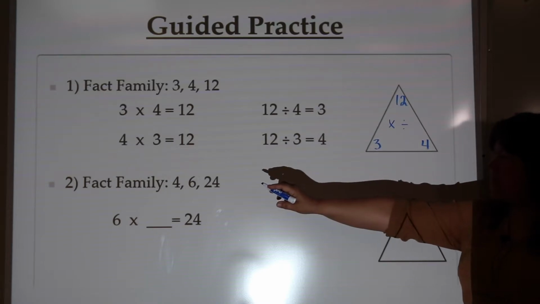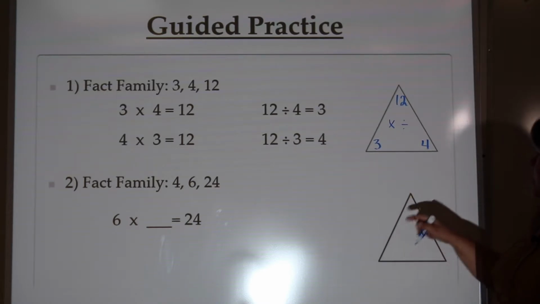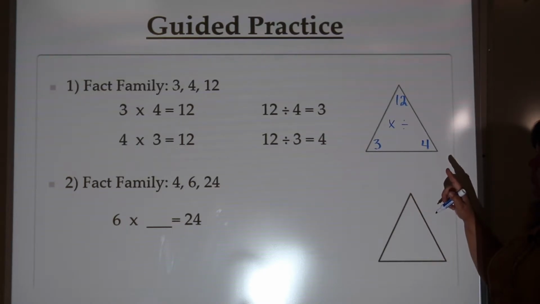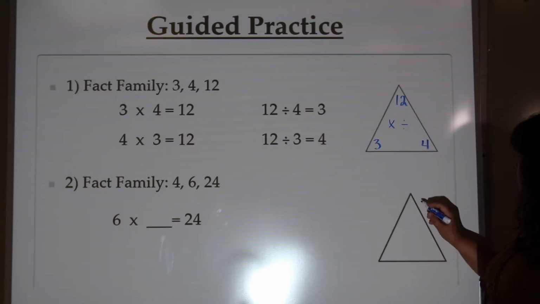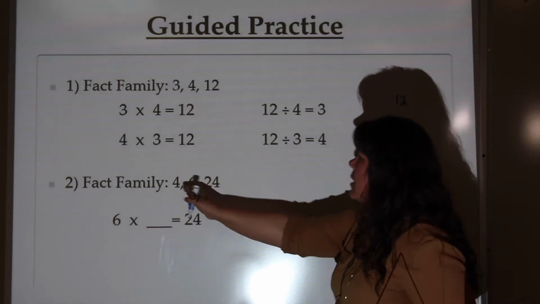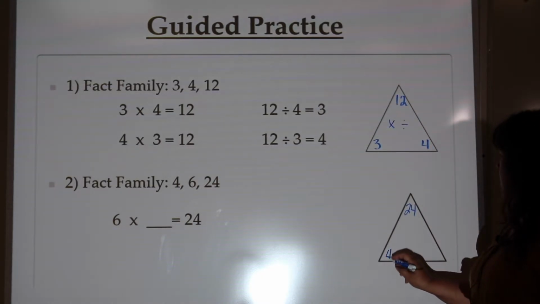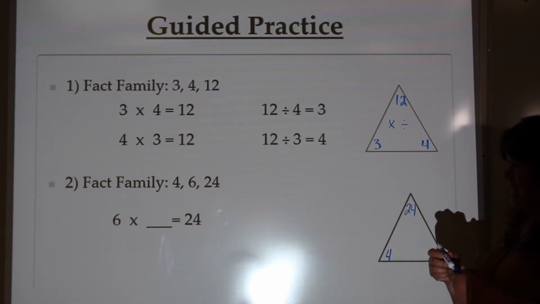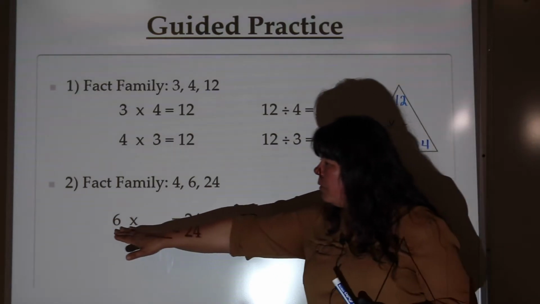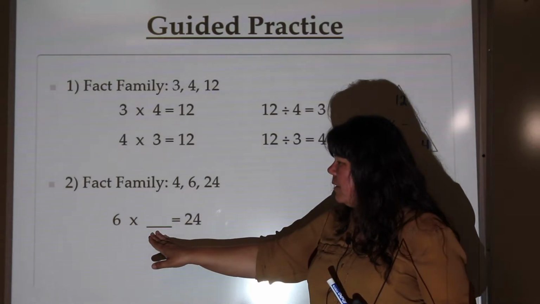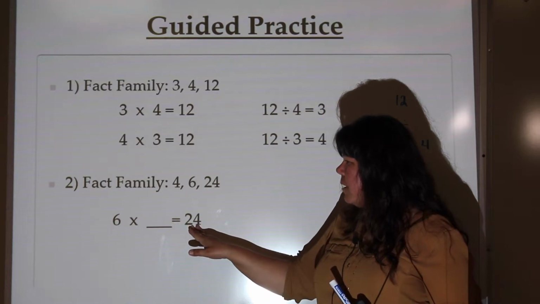Okay, I've got my 4, 6, and 24. So what is my biggest number? The 4, the 6, or the 24? You're right, it was 24. It goes on top here. And then it won't matter which one of these I put here, 4 or the 6. In this case, I have an unknown. I have 4 times a number equals 24.